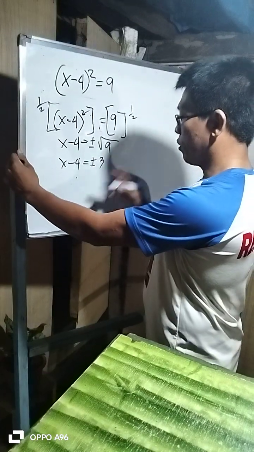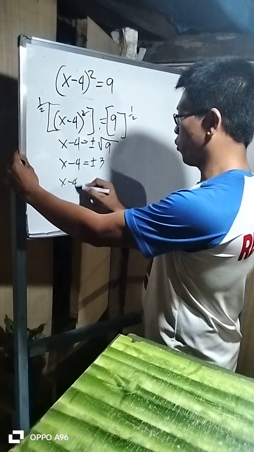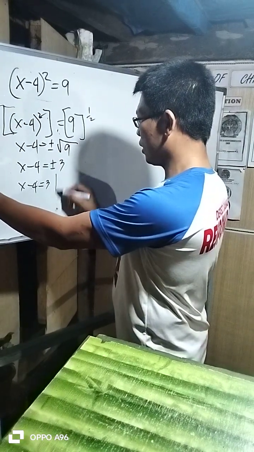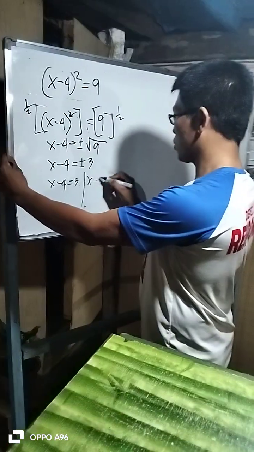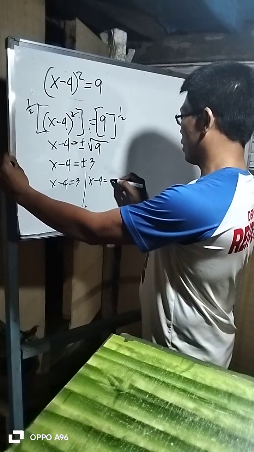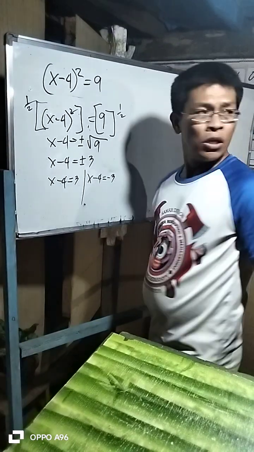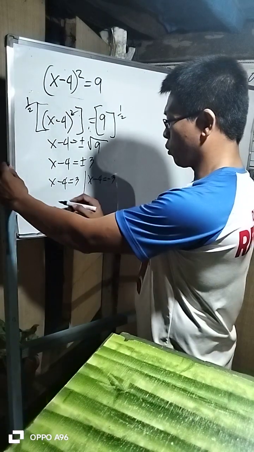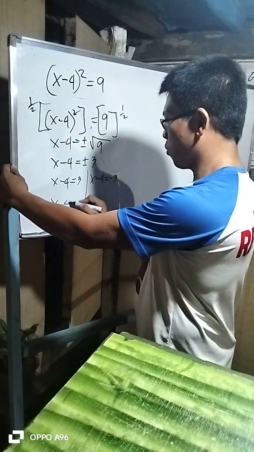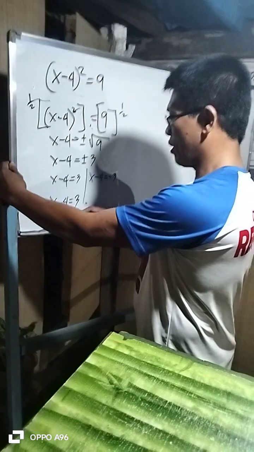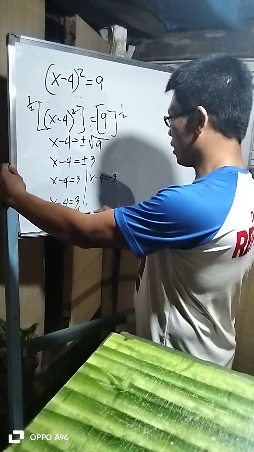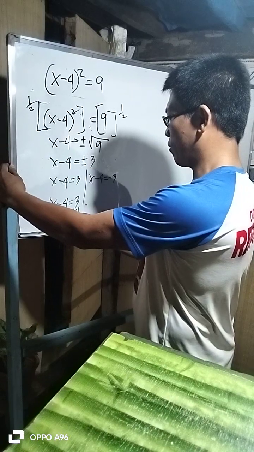So now the first root is x minus 4 is equal to positive 3, and the second root is x minus 4 is equal to negative 3. The first thing that we need to do is to find the first root. x minus 4 is equal to 3 can be x is equal to 3 plus 4, and x is equal to 7.